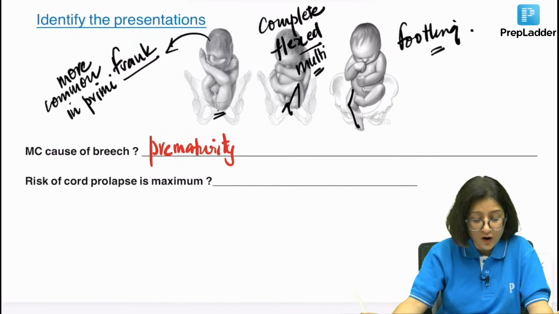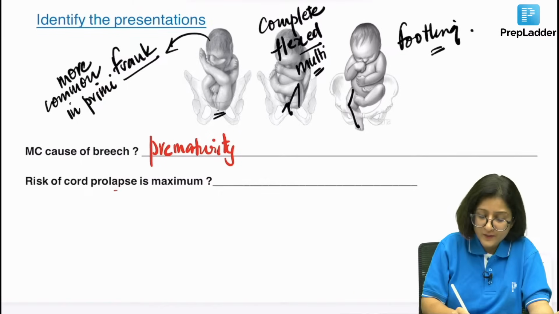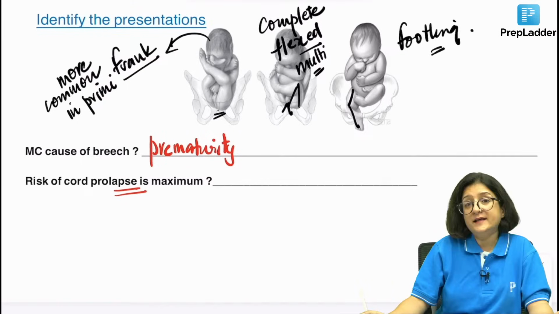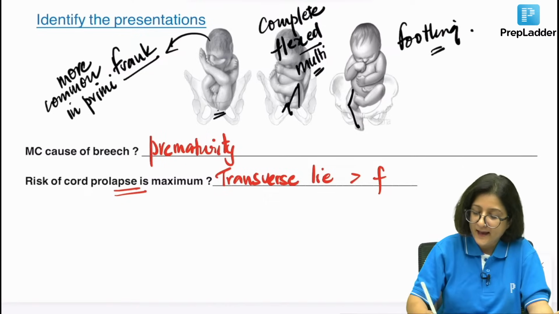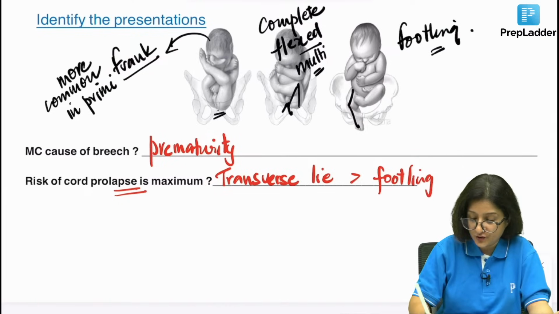Now, risk of cord prolapse is maximum. See, yes, you are right, Nico, footling breech, but if the option says transverse lie, pick transverse lie as the answer, transverse lie and then footling breech. Okay.